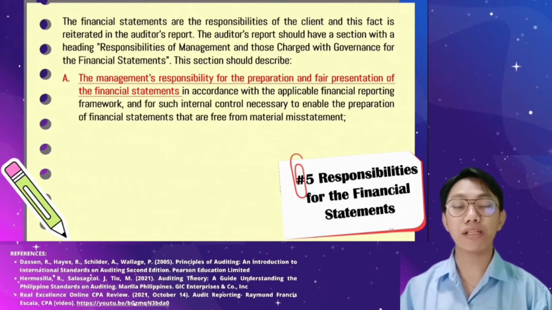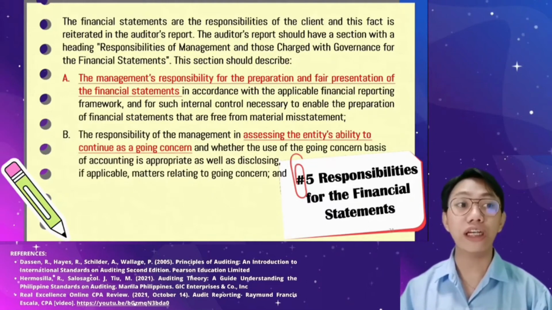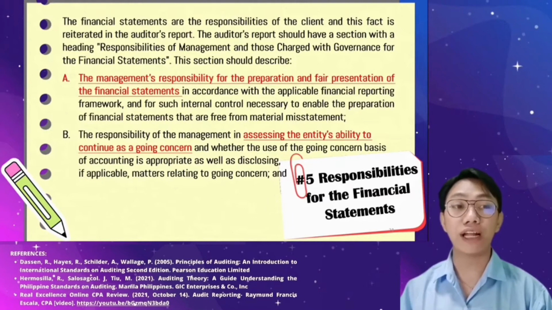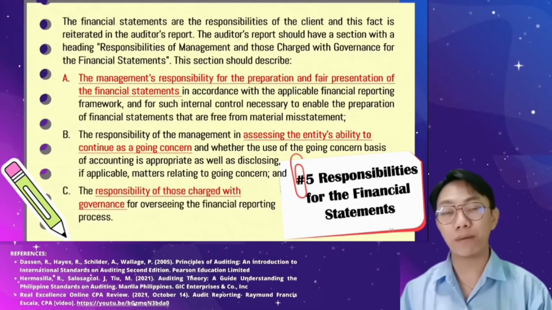And second, the responsibility of the management in assessing entities' ability to continue as a going concern and whether the use of the going concern basis of accounting is appropriate, as well as disclosing, if applicable, matters relating to going concern. And last one is the responsibility of those charged with governance for overseeing financial reporting process.